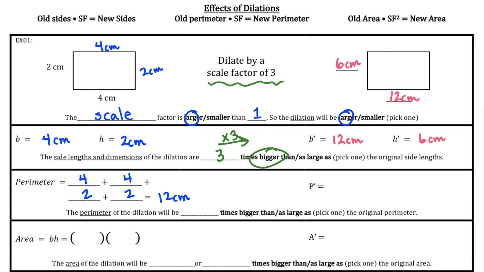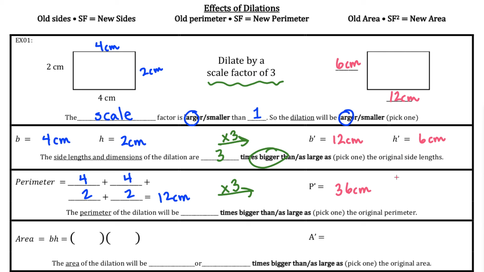Just like the side lengths, we multiply by the scale factor. So the new distance around won't be 12, it will be 36 centimeters.